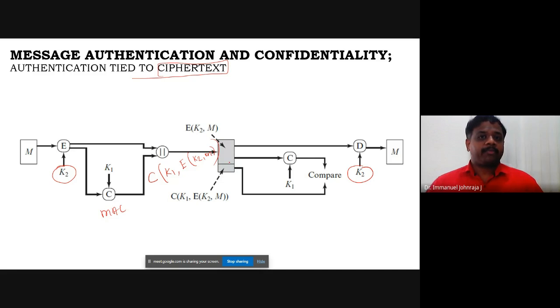Because they are appended after the encryption, you are able to get them as two different parts straight away without decryption. Take one part for decryption to get the original message, but in parallel you can also find its authentication by calculating the MAC once again and going for the comparison. All right.